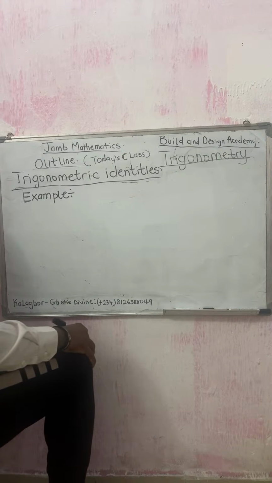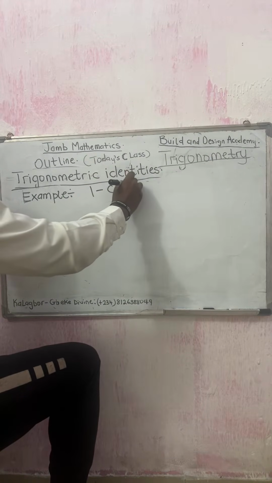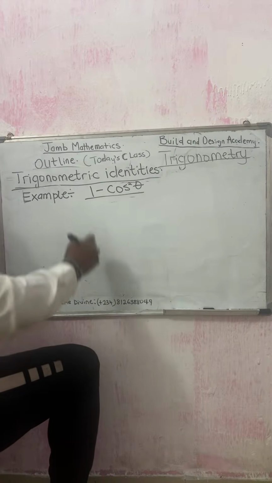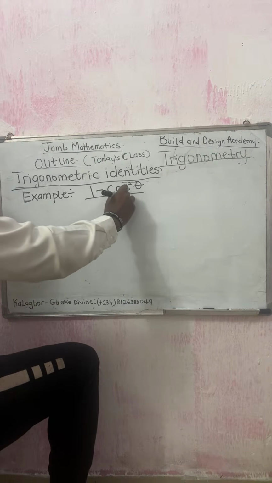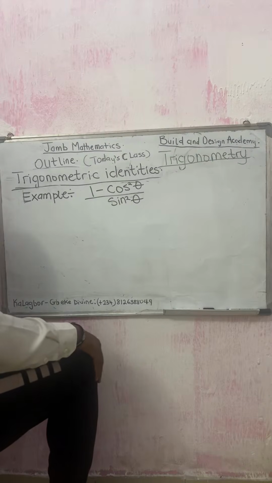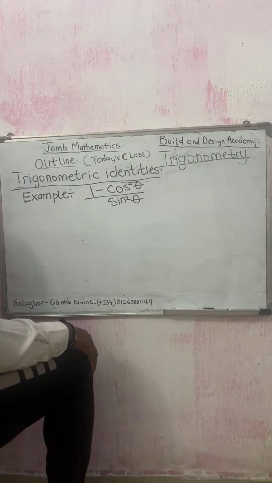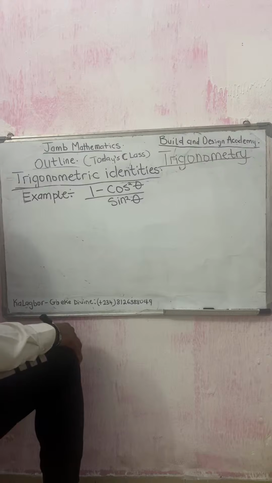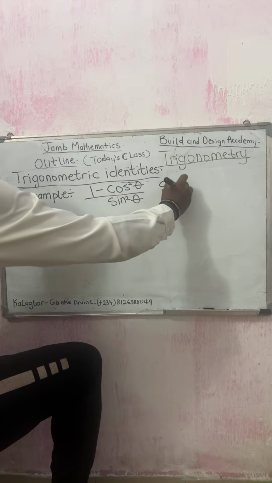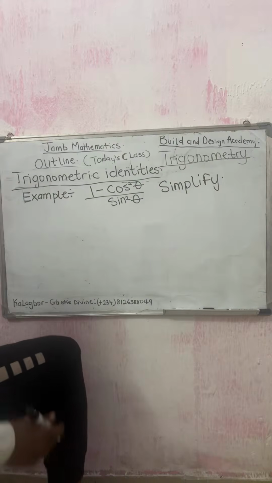Alright, so in this example, we are given 1 minus cos square theta all over sine square theta. And we're asked to simplify it. Let us simplify and see what we get as our final answer.